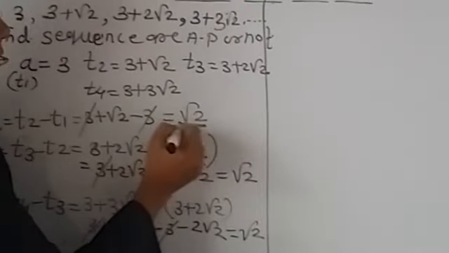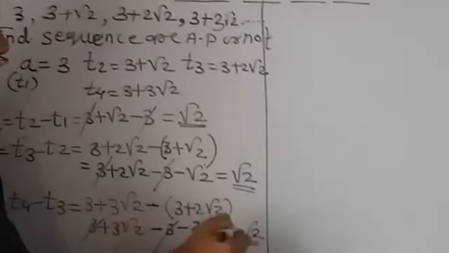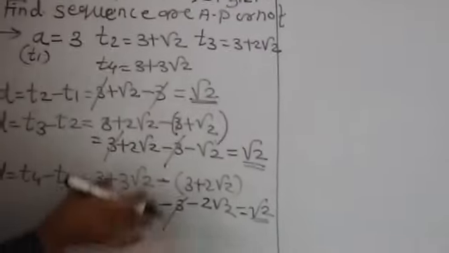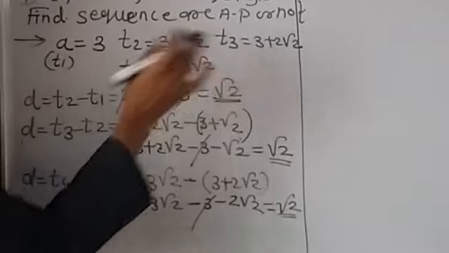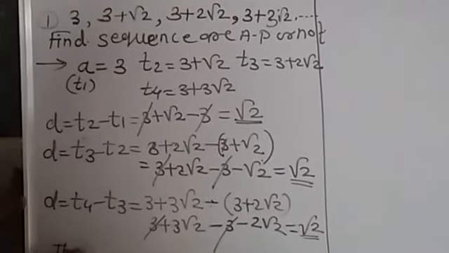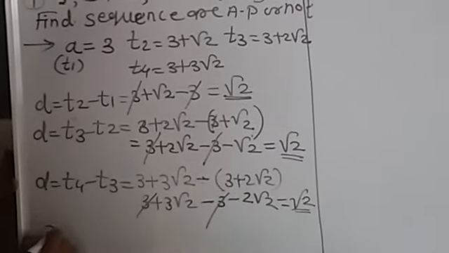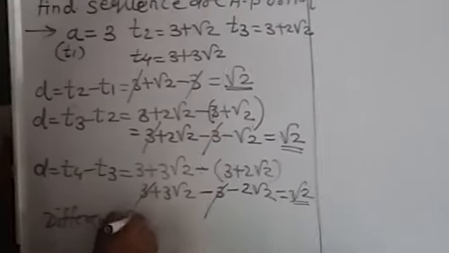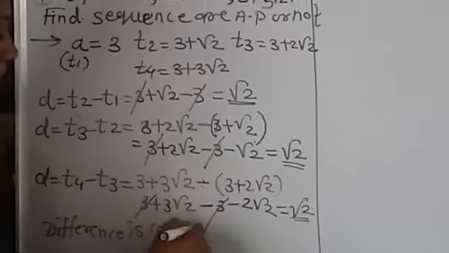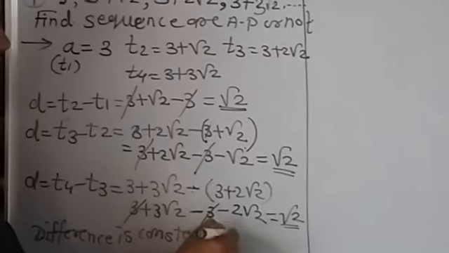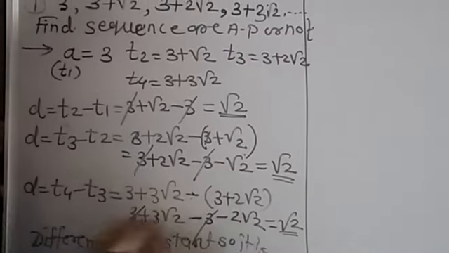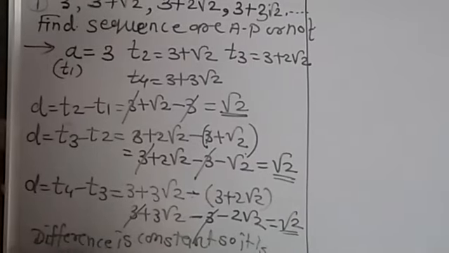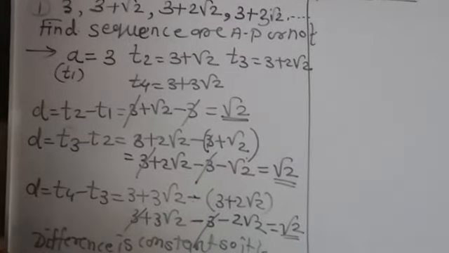See here, the difference is constant. So this is an AP sequence. Write down here, difference is constant. So it is an AP.